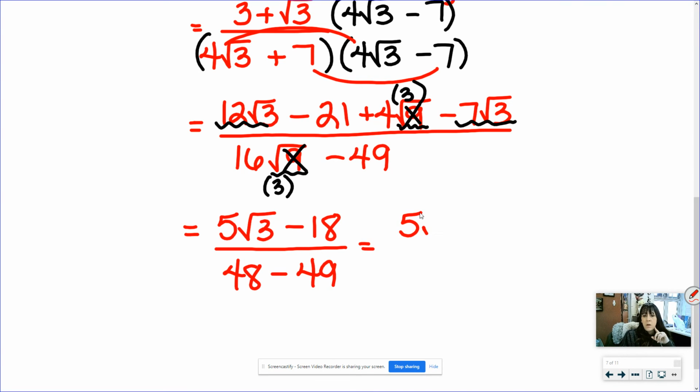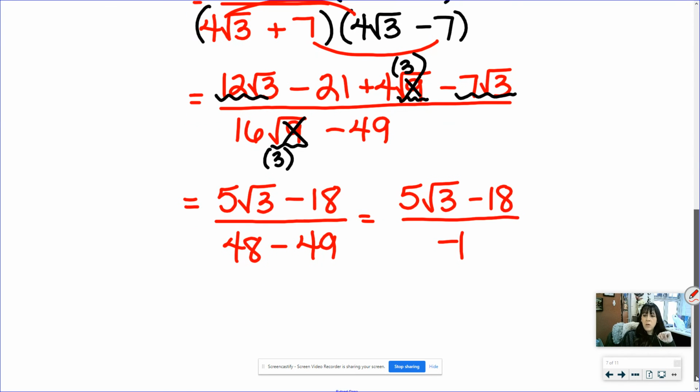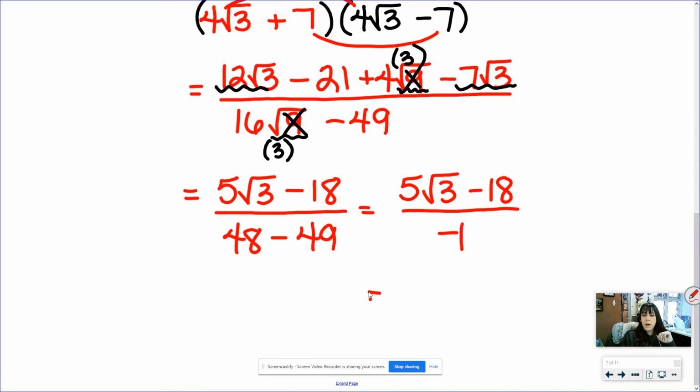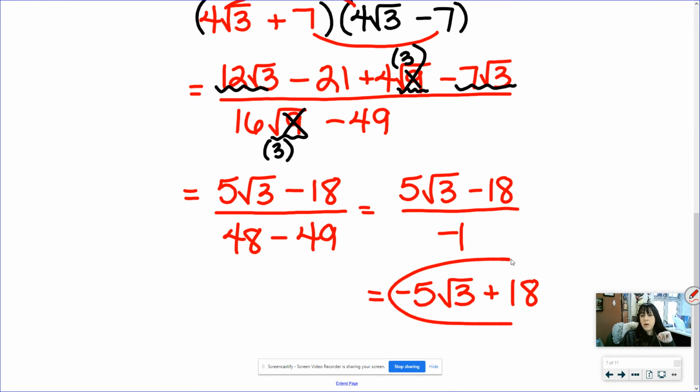Almost done. The denominator, 48 minus 49, would be negative 1. You could leave it like this. This is fine. Or you could just go ahead and divide everything by negative 1. And that's just going to switch the signs. So either one of these answers here would be good.